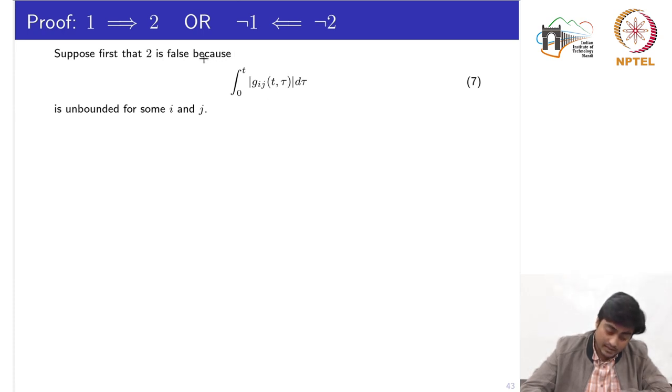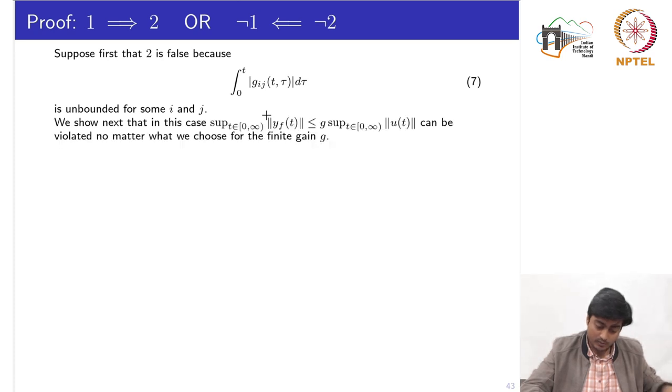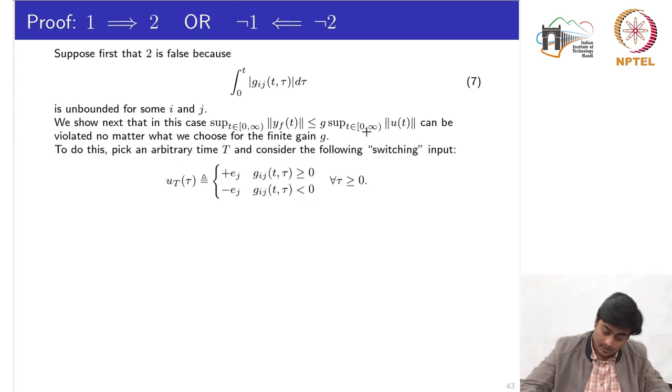and why is it false? Because this integral is unbounded for some i and j. Again, similar to the previous proof, we want to show that there does not exist any G for which this inequality is satisfied. So again, we pick an arbitrary time T, or we design a signal u, the control signal u, which is bounded.